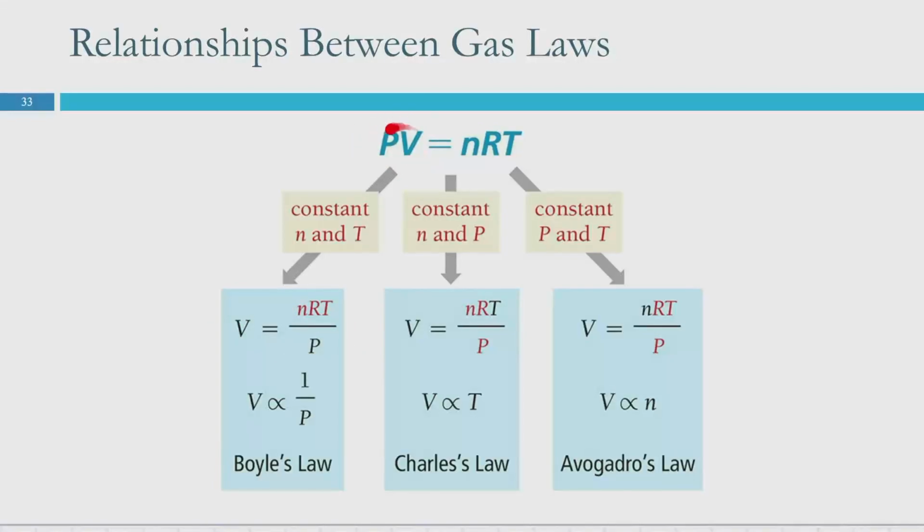So we divide both sides by P to get P underneath nRT. If n, R, and T are all constant, V is equal to whatever this equals divided by P. We can make that a proportionality and get rid of the constant sign. And now we've got V is proportional to 1 over pressure, which is Boyle's law.